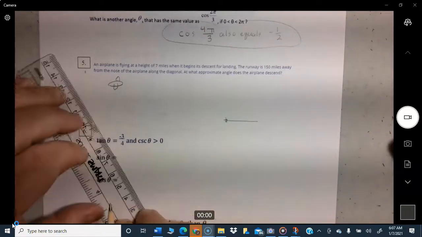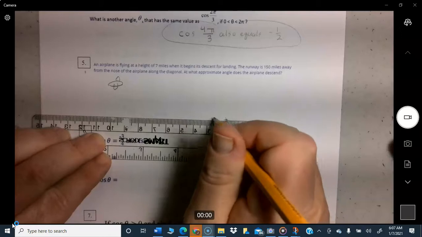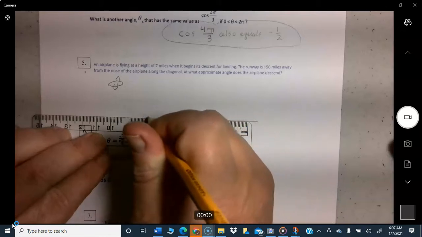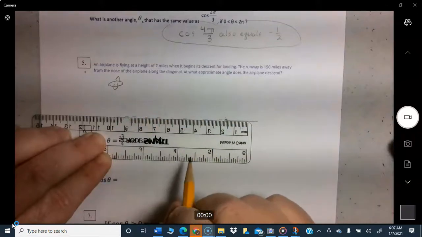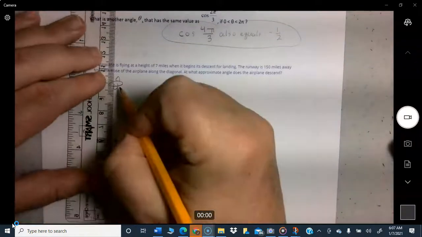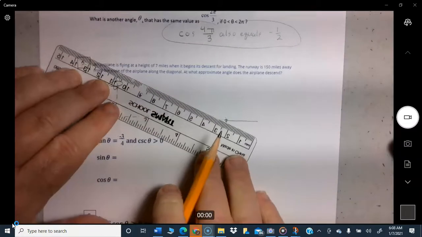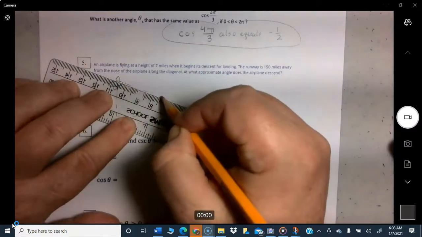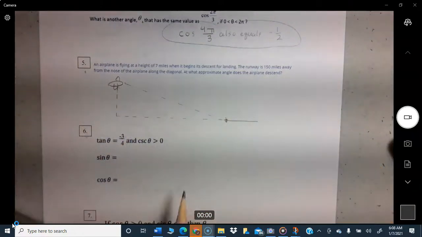Alright, so it says it's flying 7 miles high, so we're going to make a dashed line here to make a triangle. I'm only making it dashed so you don't confuse it with the runway here. And we make a dashed line down here from the airplane to the beginning of the runway. Okay, so there's a triangle.